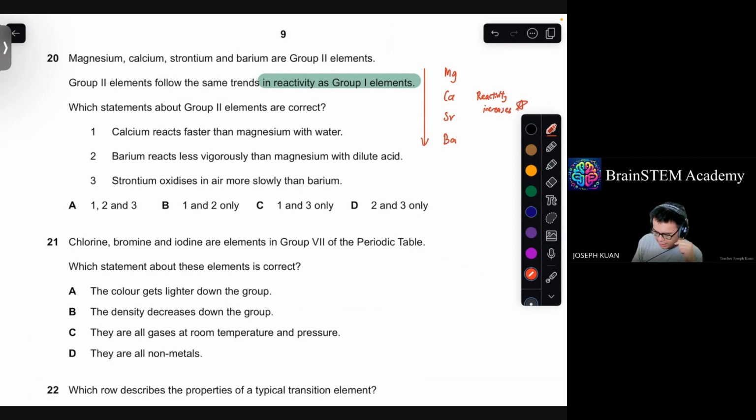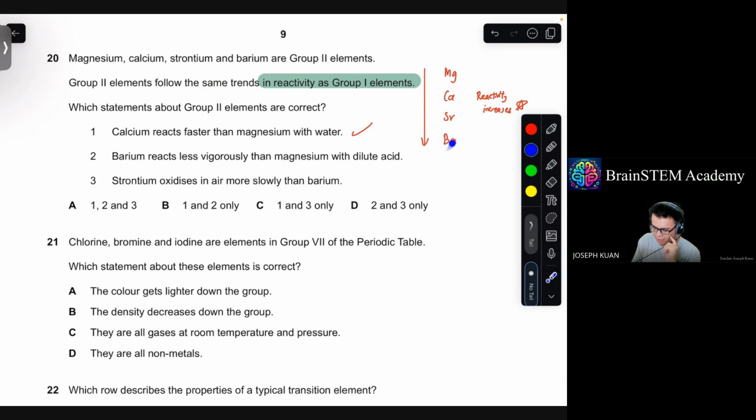So calcium reacts faster than magnesium with water. That is correct because calcium is more reactive than magnesium due to its lower position in the reactivity series. 2, barium reacts less vigorously than magnesium with dilute acid. So barium belongs at the bottom, like at a lower position than magnesium.